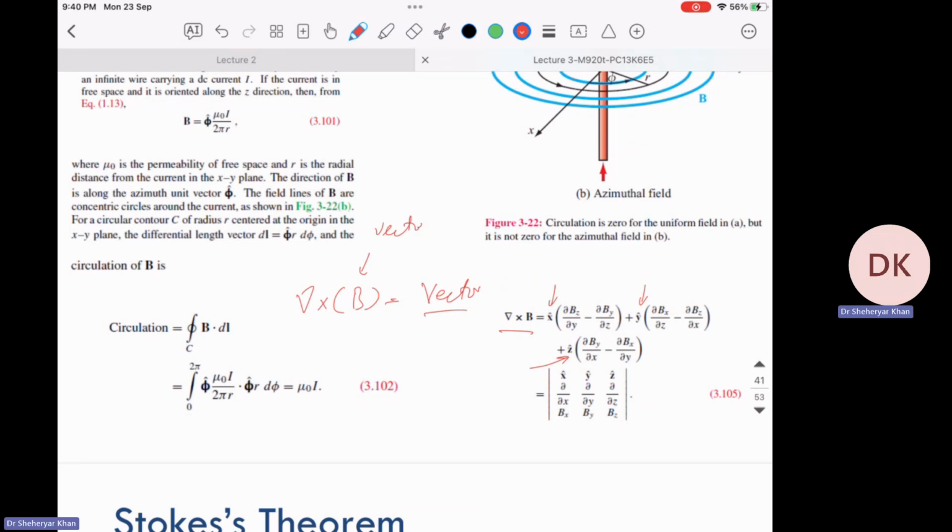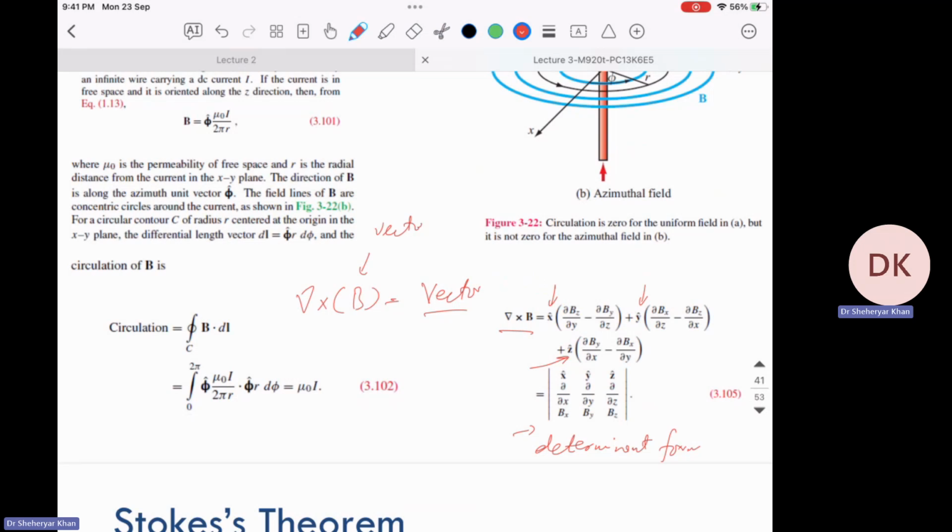The derivatives are quite symmetrical. For example, for x, you use dz and dy, for y, you use dx and dz, and for z, you use dy and dx. In order to remember this, we can use this determinant form, right?